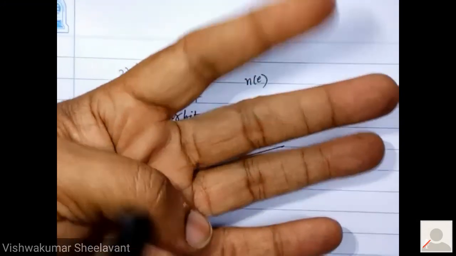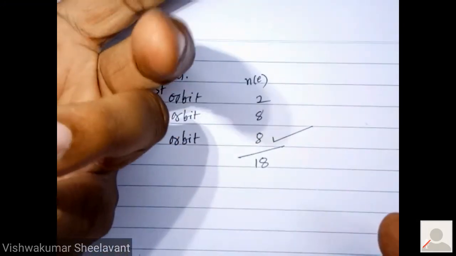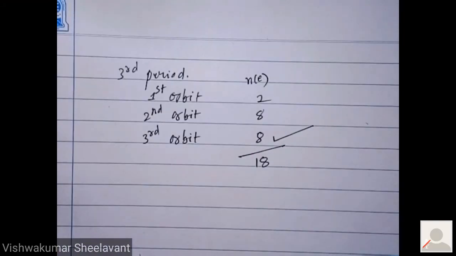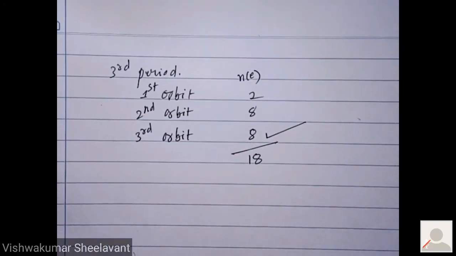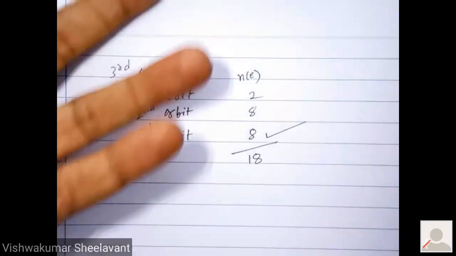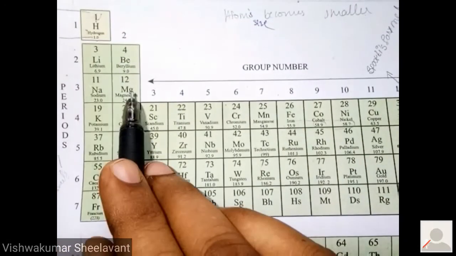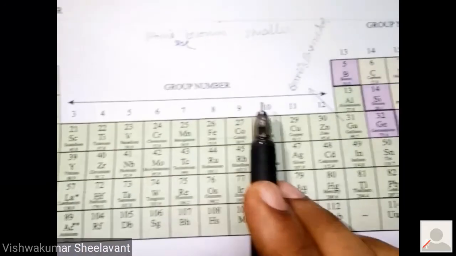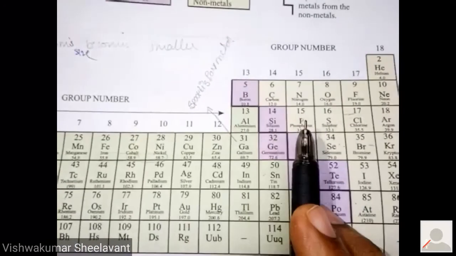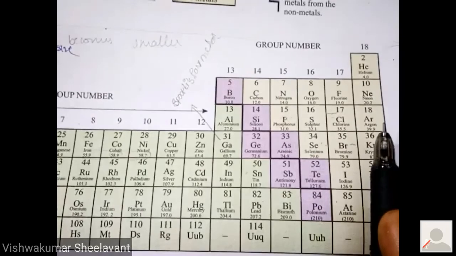So 11, 12, 13, 14 up to 18, if you count, you will get 8. That means 8 elements will be there. You can verify that here. Third period, 1, 2, 3, 4, 5, 6, 7, 8.